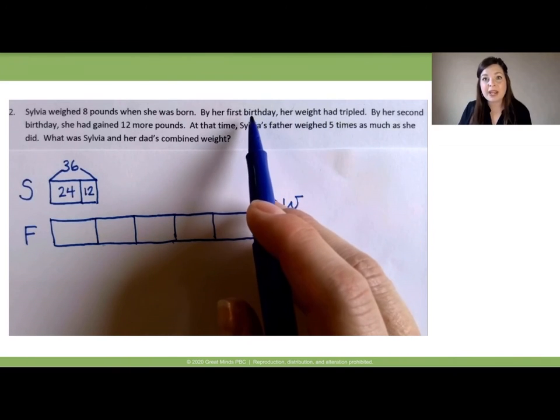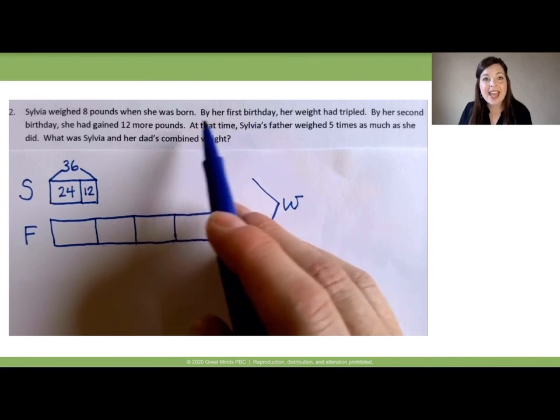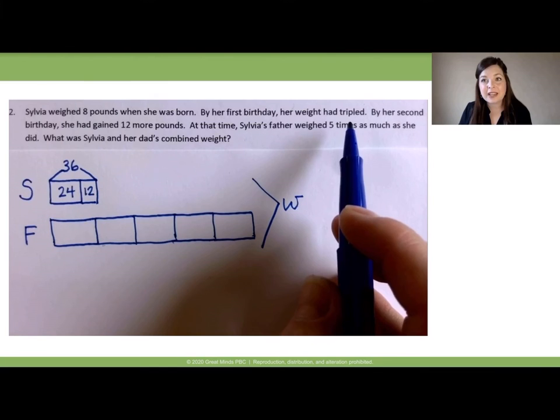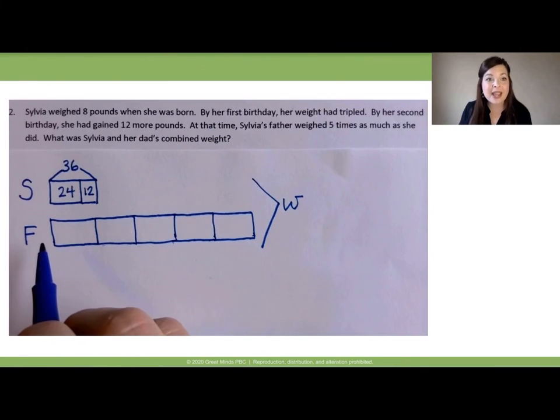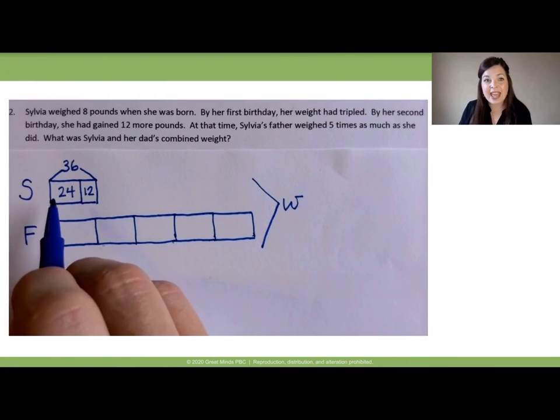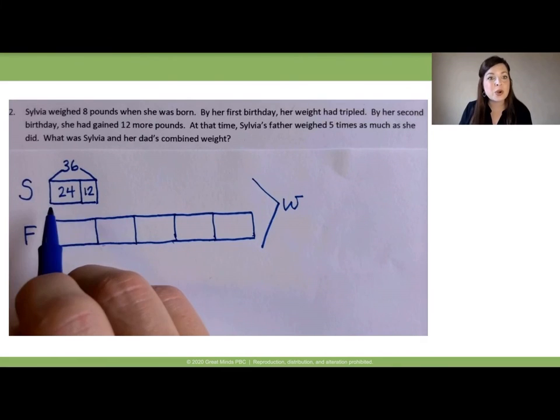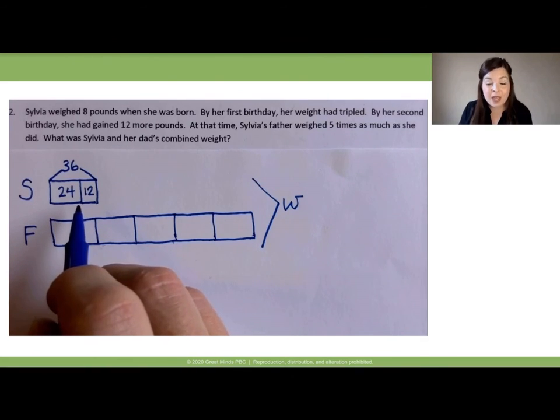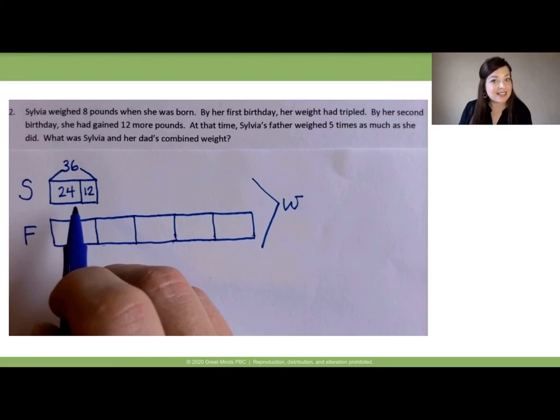So how much she weighed by her first birthday? 8 times 3. But I did the tripling in my head instead of drawing 8 3 times or drawing 3 units of 8. But if you drew 3 units of 8, that works too.